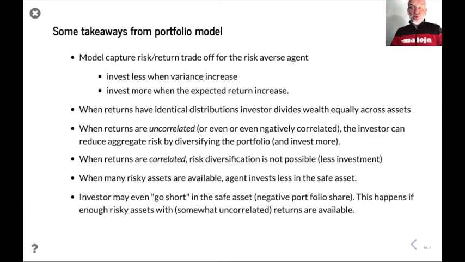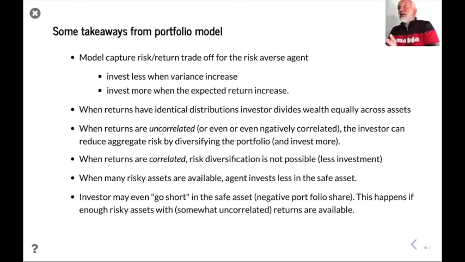So that's what we saw: when you have uncorrelated returns and you increase the number of assets, it gives the investor the possibility of diversifying risk by putting small fractions of his wealth in all these different assets, and together the aggregate risk of that portfolio is just smaller.